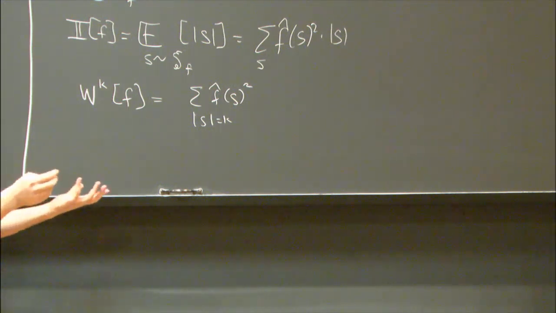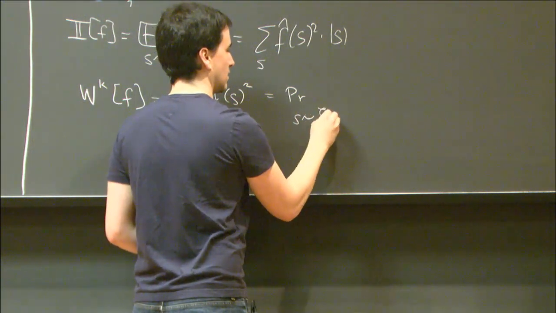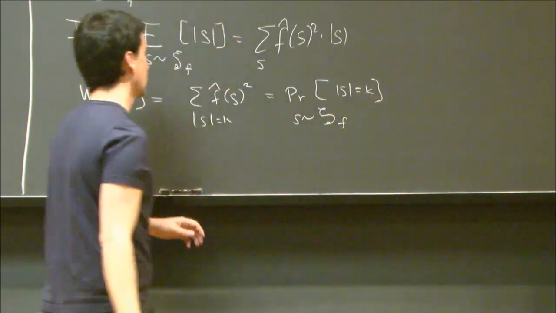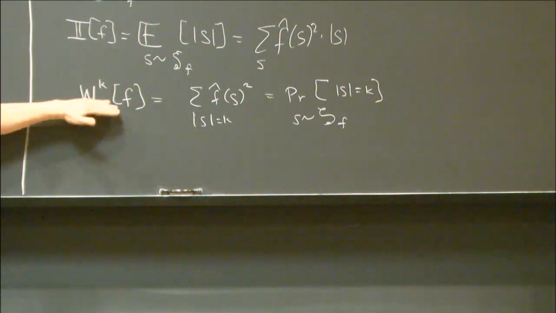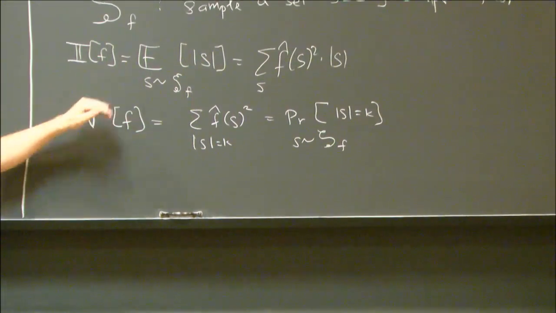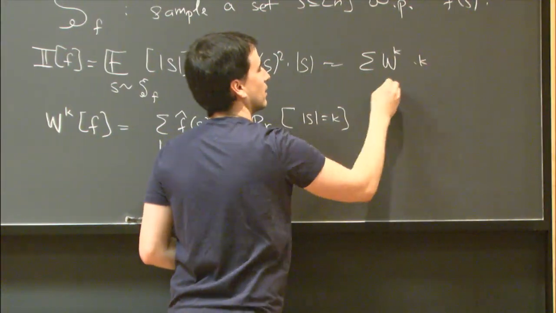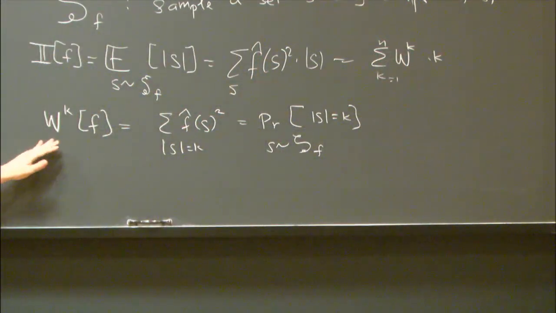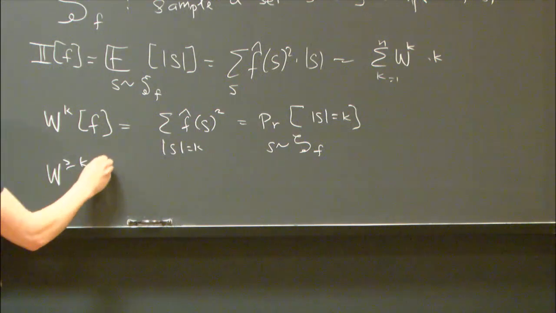You can think of it as a probability distribution: the probability that S, according to this distribution, has size k. Obviously, if we know this, we could calculate the influence, because it just depends on the weights. This equals the sum of the weight at level k times k. So this will be sufficient to compute this, and the tail is simply when I take at least k.